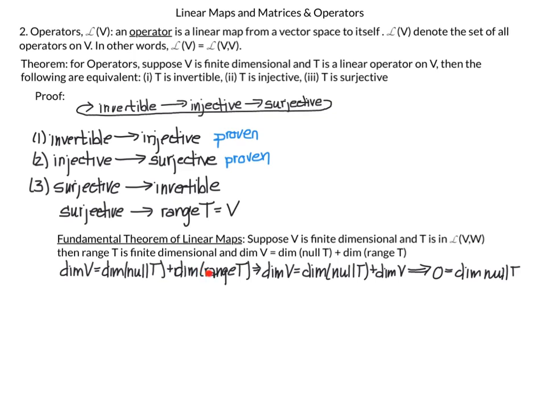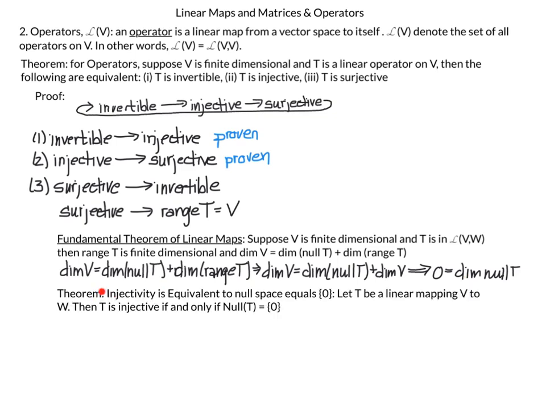Now here we said, because it's surjective, the range of T is equal to V. So rewriting this, dimension of V equals dimension null of T plus dimension of V. Now we can subtract dimension of V from both sides of the equation, and we have 0 is equal to dimension of null of T. Using this theorem again, injectivity is equivalent to the null space equaling 0, and here we have the dimension of null of T is equal to 0.